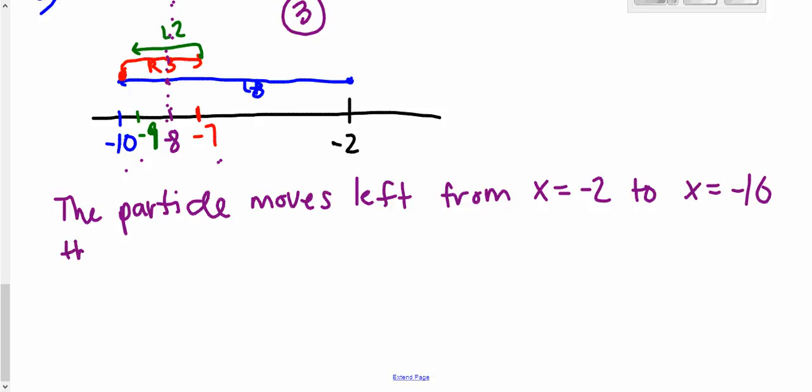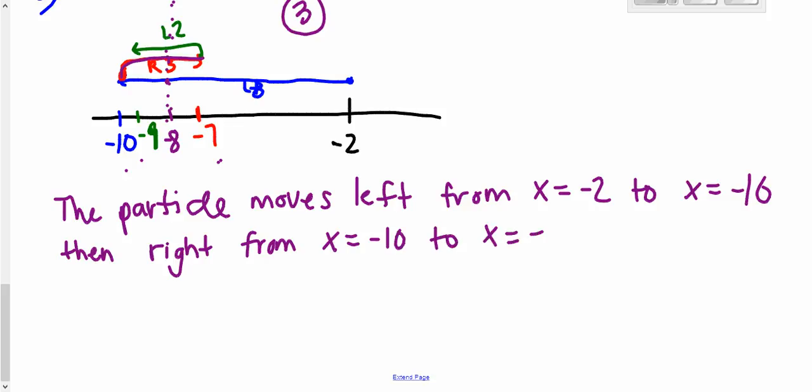Then right, then we have this red thing, so then right from, where does it go? It goes from the position of -10 to the position of -7.